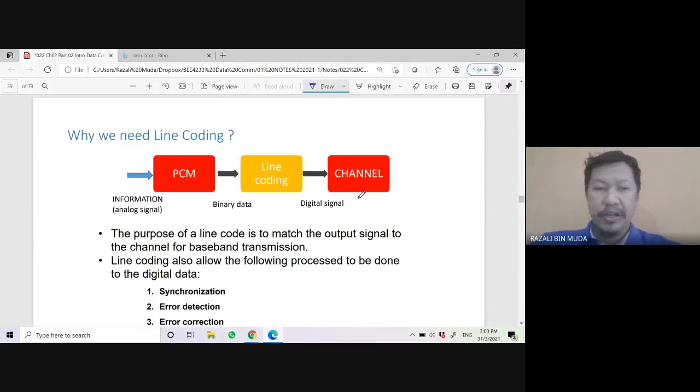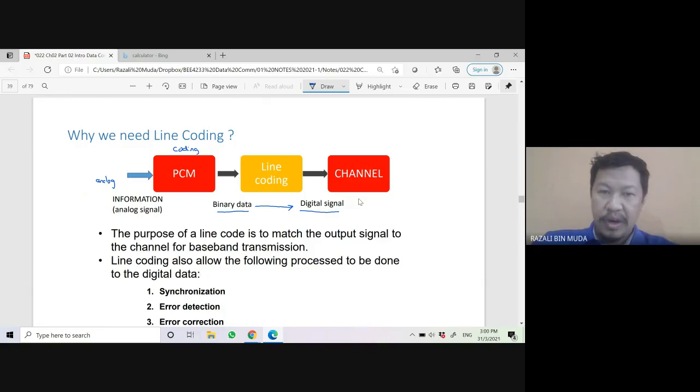Why do we need line coding? Here we can see the information, the analog signal, and here is the coding process, PCM, pulse code modulation, and when we get the binary data, the line coding is used to convert the binary data into a digital signal.